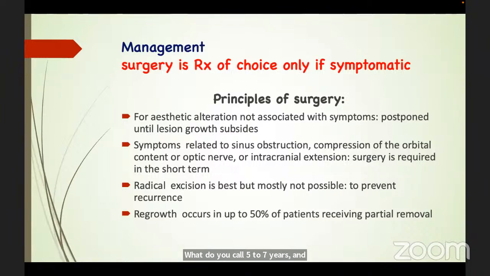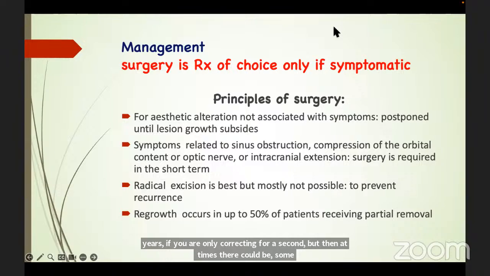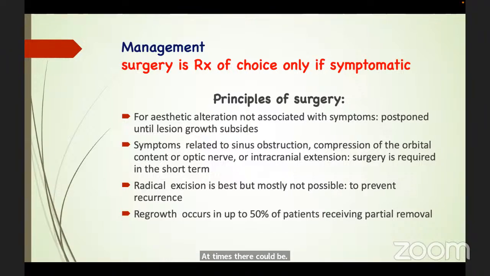So it is usually better you do it after 15 years if you are only correcting for aesthetic reasons. But at times there could be an emergency situation like sudden or progressive visual loss, or hearing loss if it is in the temporal bones and involving the skull. At that time, the surgery is required in the short term.